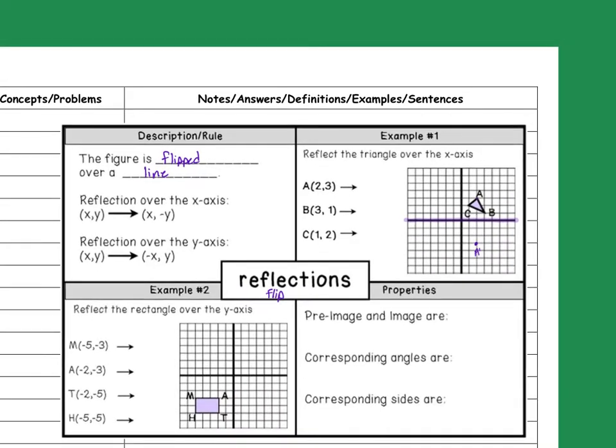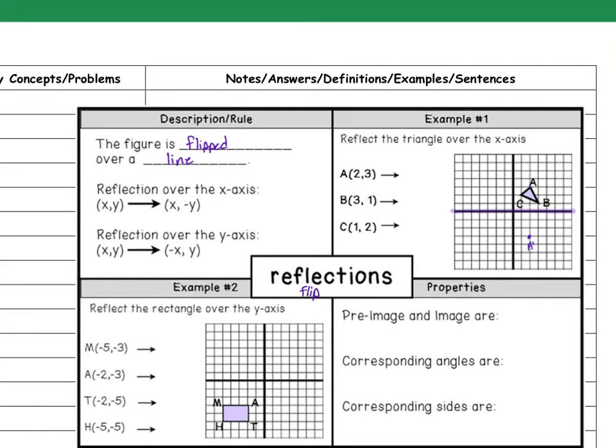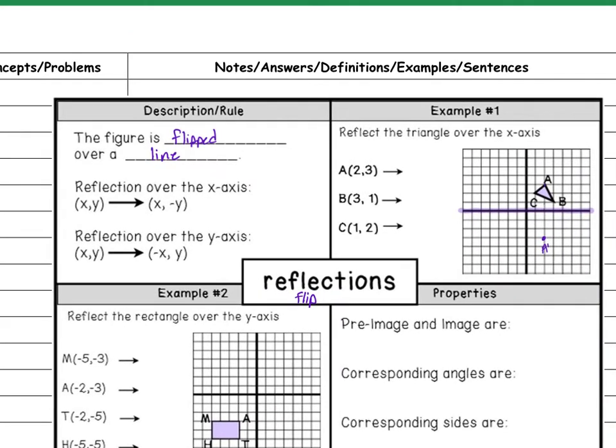This is why I sometimes, on the reflections and the rotations we're going to learn, don't always necessarily follow the rules, because sometimes it's just easier to graph them and then flip them over, okay? Because it's just easier to count from the mirror than to say, oh, well, it's over the y-axis, so what's changing?